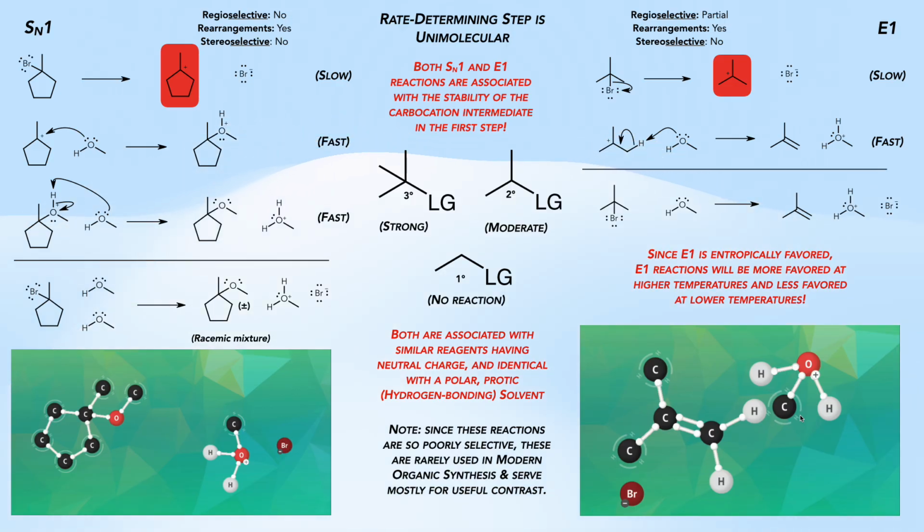Because elimination increases entropy, E1 again is more favored than SN1 at higher temperatures. E1 is also partially regioselective, usually giving the more substituted alkene, but again, just like SN1, it suffers from rearrangements and lacks stereoselectivity.